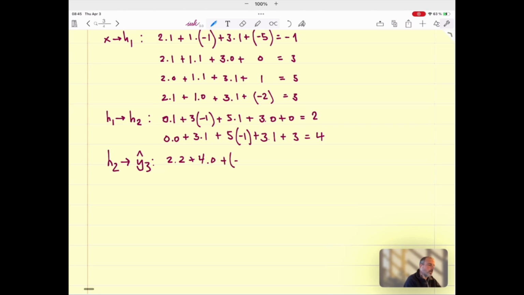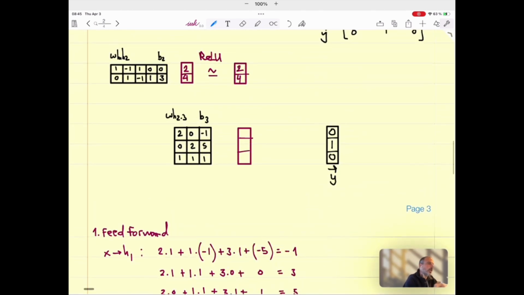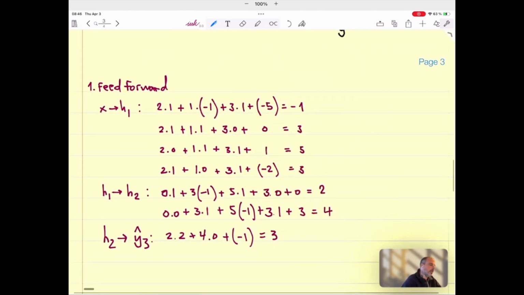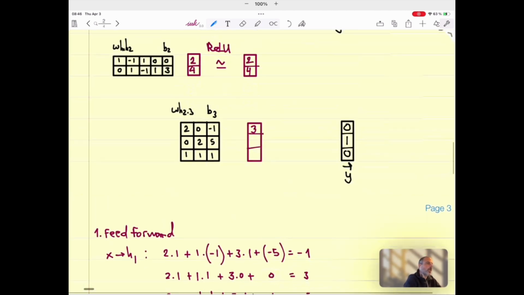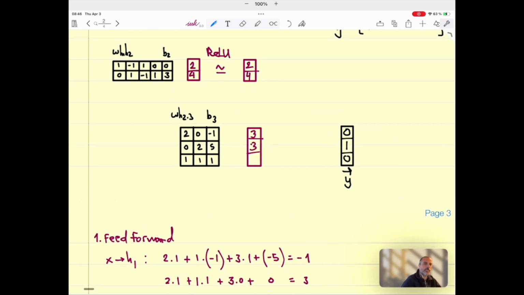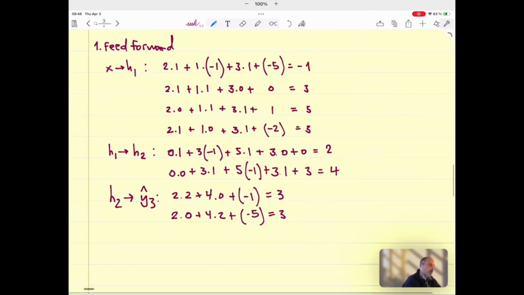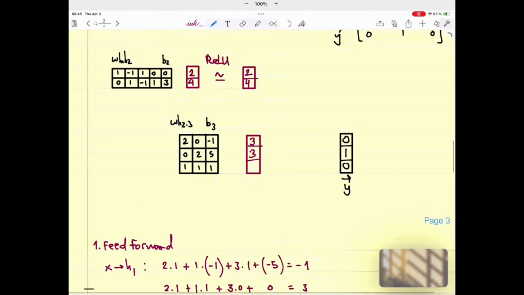It's going to deliver a 3. And then 2 times 0 plus 4 times 2 plus minus 5 will be a 3. Another 3, and the next one is going to be 2 times 1 plus 4 times 1 plus 1, going to be a 7.